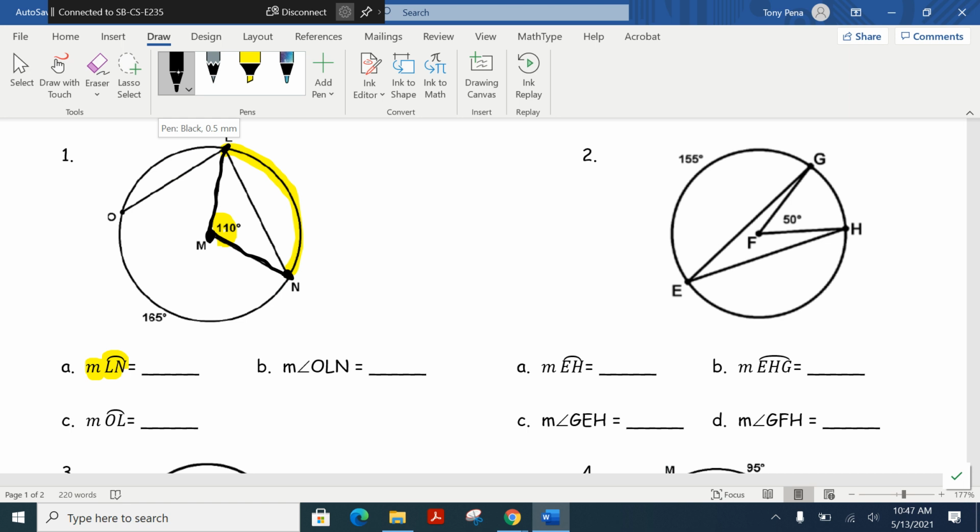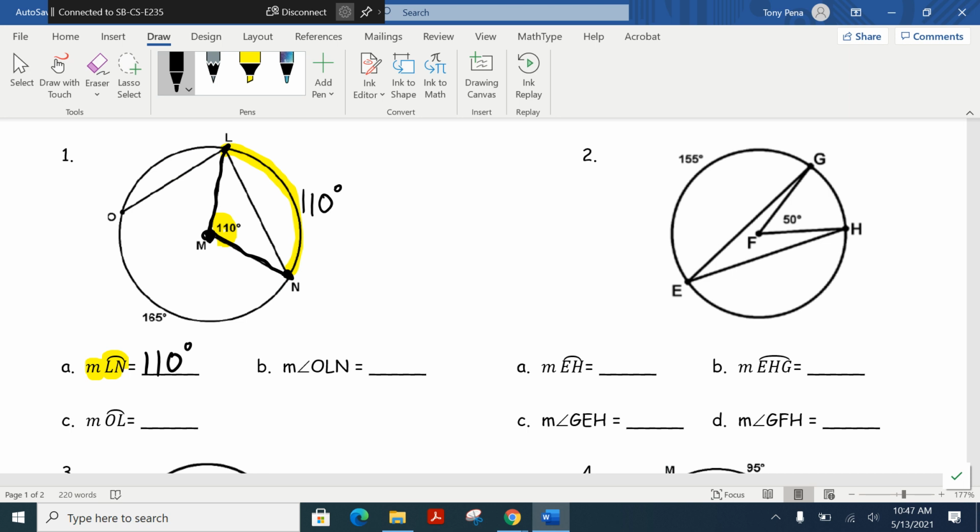Not only do those two line segments make this angle, they also make this arc. So using those two segments, this angle, this arc, this is a central angle. And what we said yesterday is whatever the central angle is, the degree measure of the arc is the exact same thing. So the measure of arc LN is also 110 degrees. That was one of our little rules from yesterday.